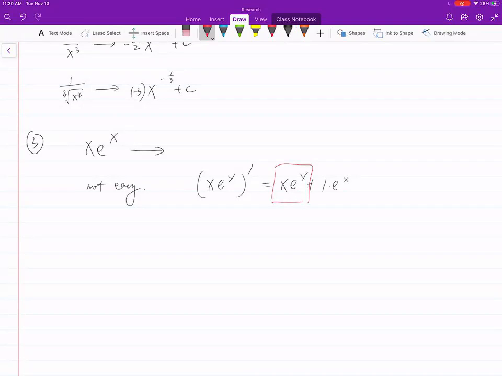But we have a leftover. But then we just minus the leftover. Okay, if you take the derivative of this, it produces two terms. One term is what you want. The other term, we get rid of it. Okay, try that. This is the answer.